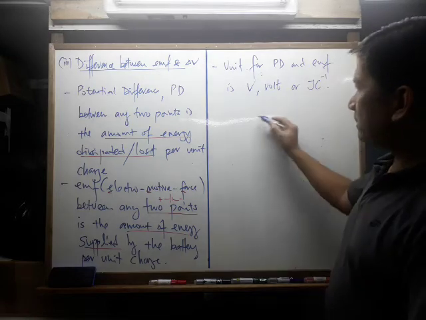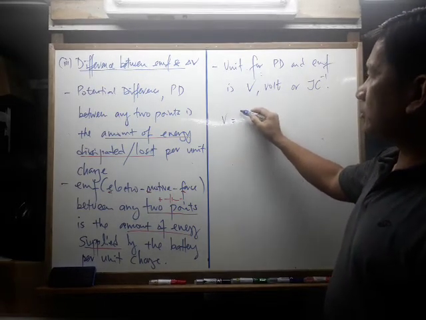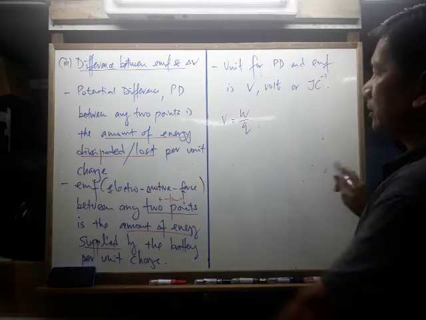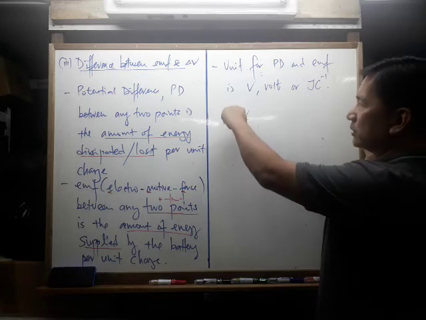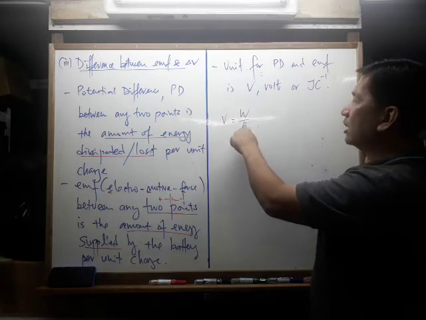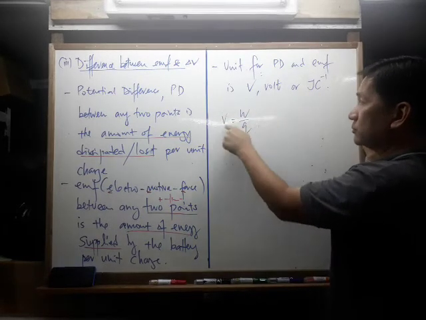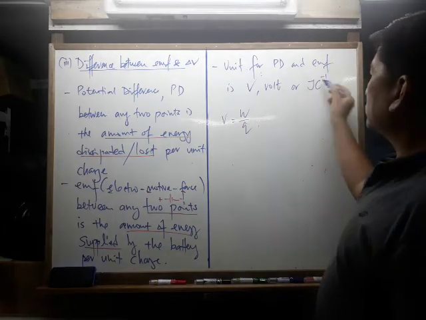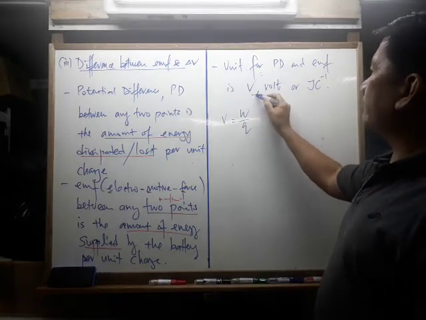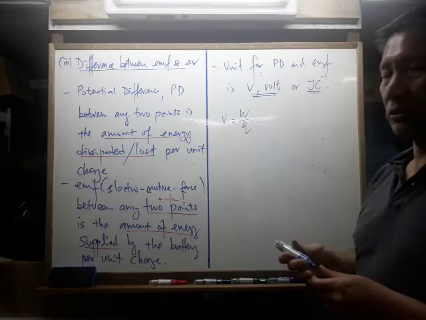Remember the formula just now? V is equal to work done per unit charge. The unit of work done is joule and charge is coulomb, so joule per coulomb is equivalent to volt. You can use either volt or joule per coulomb.